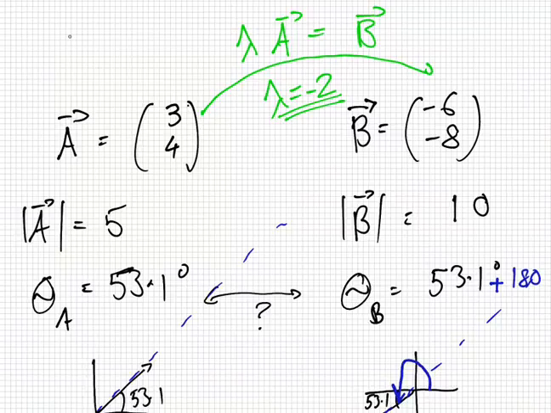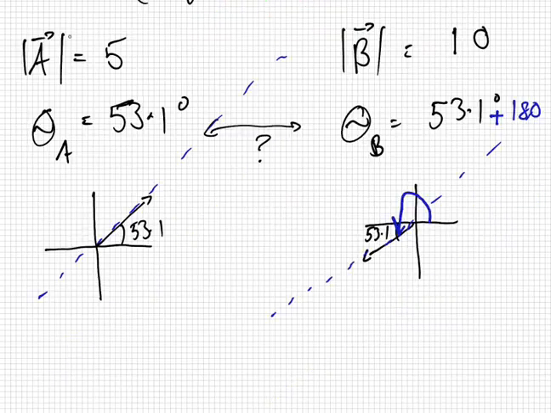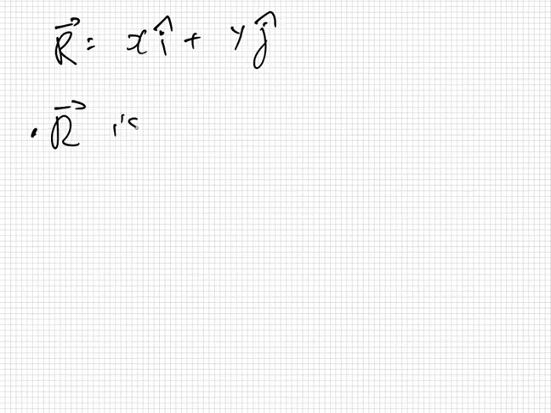Okay. Can I scroll down? Yeah? So vector OR equals xi plus yj. OR is a unit vector.